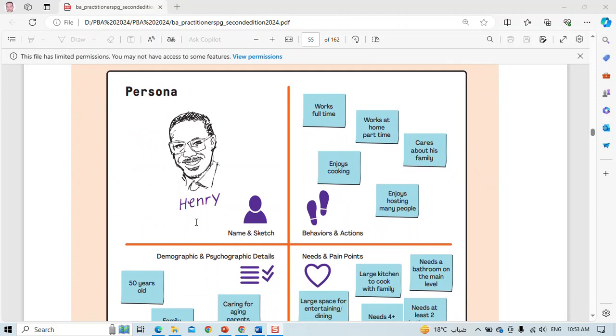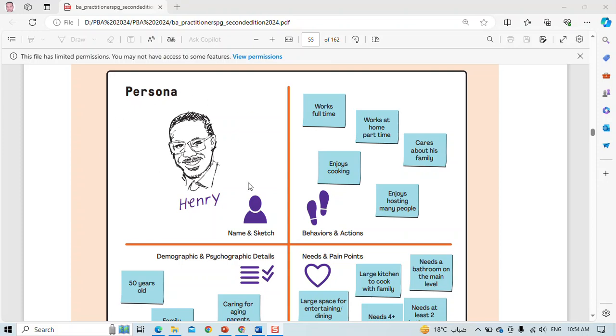The persona for Henry will have a name and sketch, as you see, and behavior and actions. So his behavior: works full time, works at home part-time, enjoys cooking, cares about his family, enjoys hosting many people.